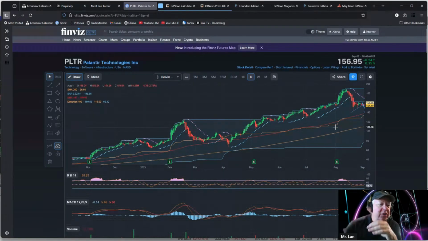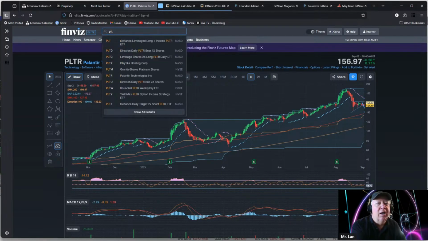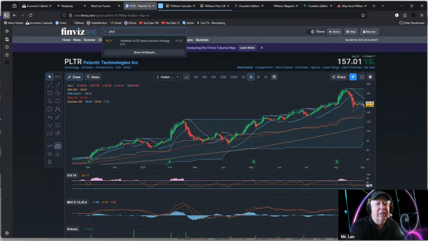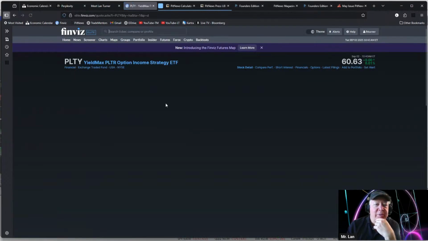So what are they doing? They're selling covered calls, but they also have their synthetic longs. So they are losing money because of the synthetic longs. That's why it's going down, but they're selling covered calls against it. Well, if they're selling covered calls against it, they're not losing money as fast, PLTY. But it doesn't mean they don't lose money.